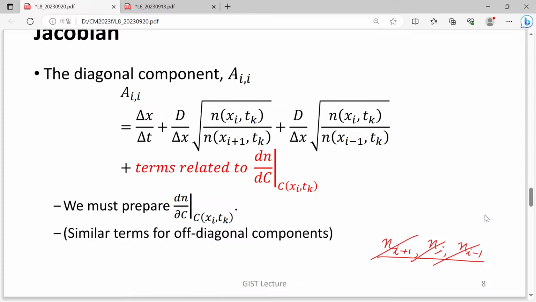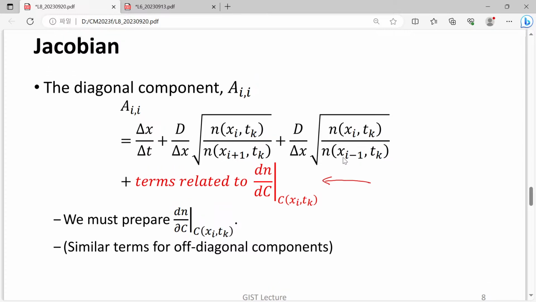Once you get the converged result, later you can be more ambitious and add this dn over dc term. Then you will get a drastic boost of your convergence speed. Okay, so are you all with me?